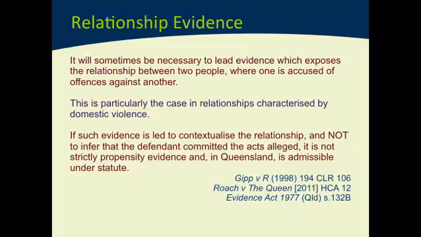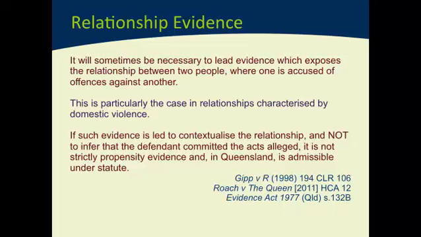Now you can see that her evidence of her reactions after the offending is inexplicable until you get the relationship evidence that allows you to put it into context. And you can see that that relationship evidence is not introduced in order to try and assert that the defendant should be criminally liable for all of the offences committed over all of those 10 years.